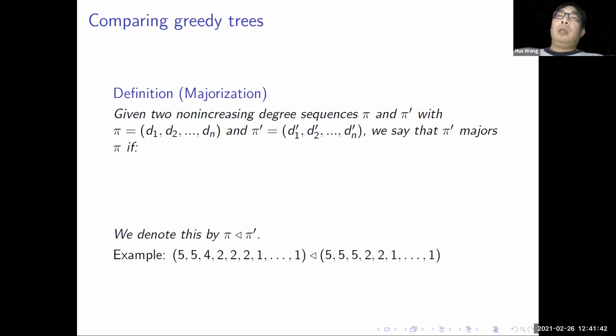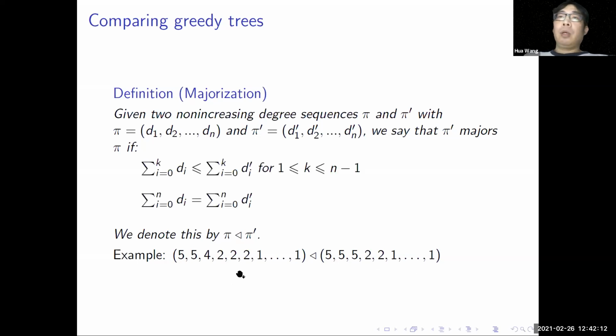Another type of study in the work of graph invariants and extremal graphs is to not just find the extremal graph, which we have seen many cases of greedy trees in this talk, but also to compare extremal graphs with different degree sequences. So what that means is, let's say you have two degree sequences here, and we say that one majorizes the other if, first of all, you can compare them if they correspond to the same number of vertices.